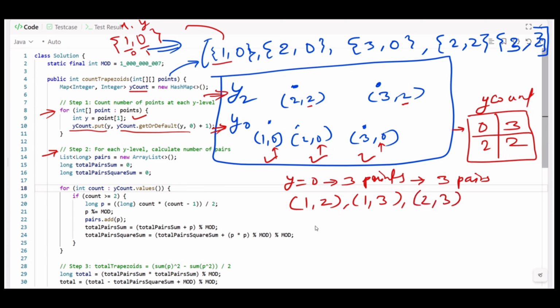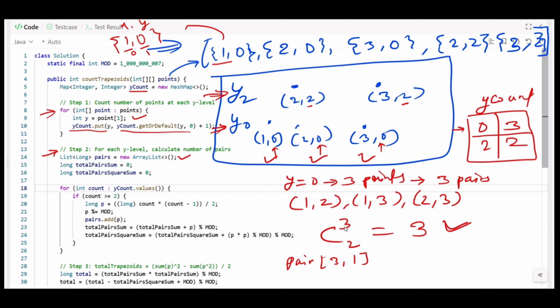So we have to choose, let's suppose out of 3, how many? 2. So what will it come? It will come 3, right? We'll get 3 as the number of pairs. So if we take 3 choose 2, we can take it like this.